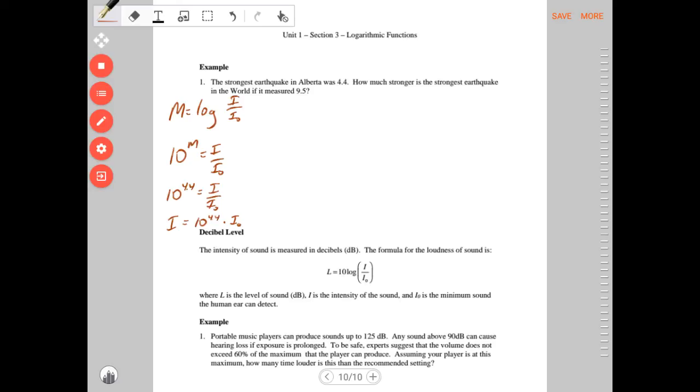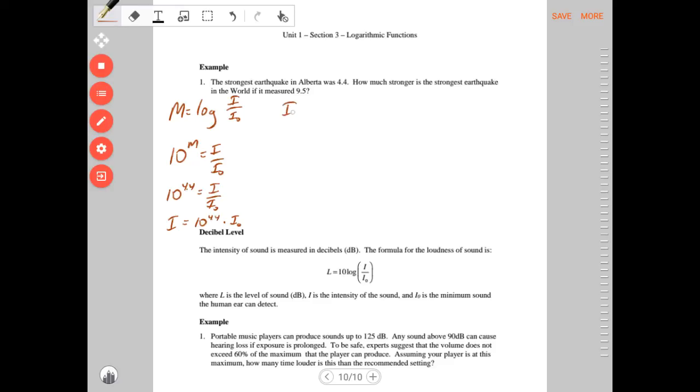That's how intense the Alberta earthquake was, and we could figure that out. It's not important because we're not going to use it, but 10 to the 4.4 is 25,118. So that sounds like it's really intense.